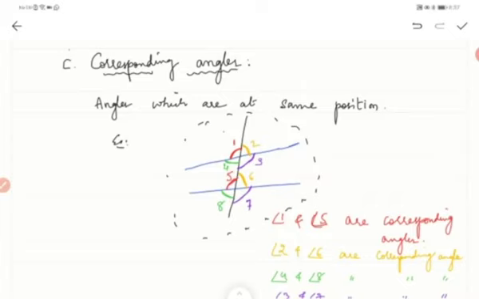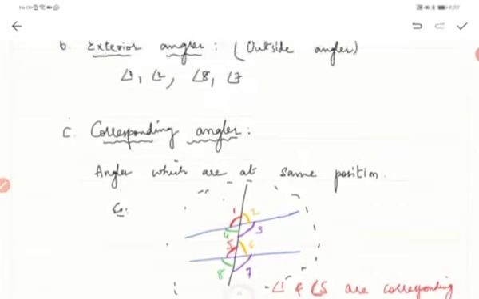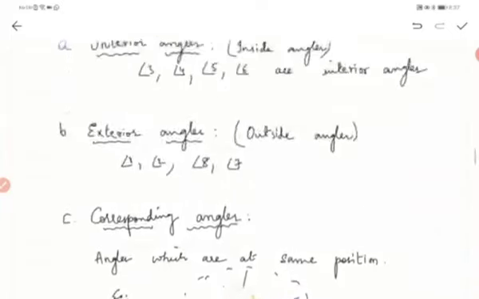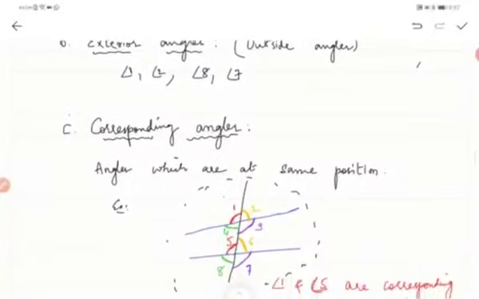Before you start or after watching the video, note down those angles and repeat them again and again. So when a transversal cuts two lines, we get many angles. Interior angles and exterior angles are easy to remember, isn't it?